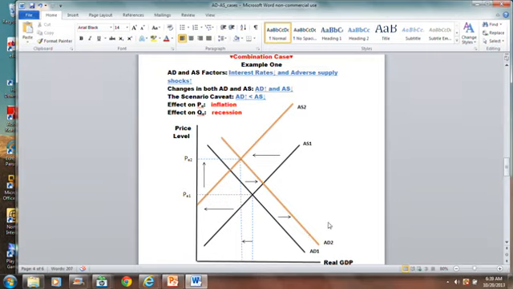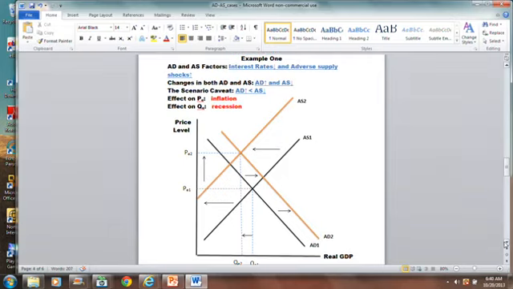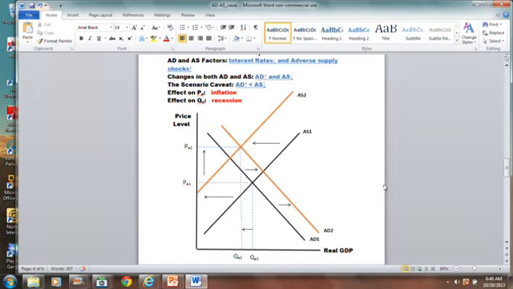And so if I graphically depict that, my equilibrium point is going to move from P sub E1 to P sub E2. At P sub E2, I see that the price level goes up, which is a sign of inflation, and real GDP falls, which is a sign of recession. So this particular scenario would give me an inflation recession outcome.